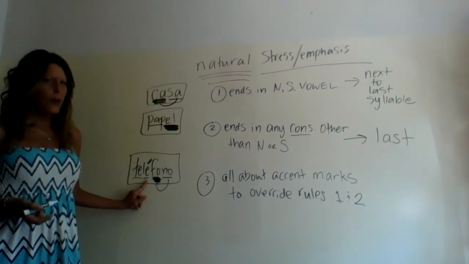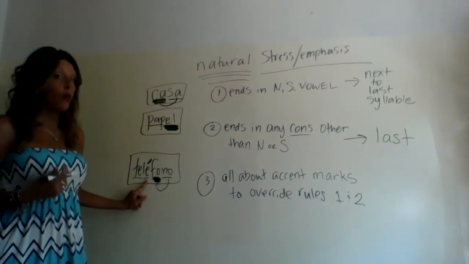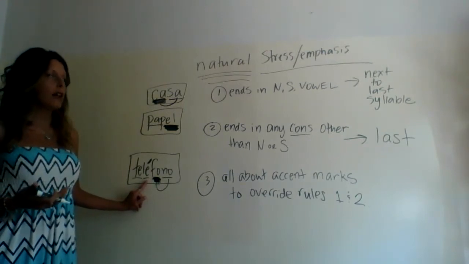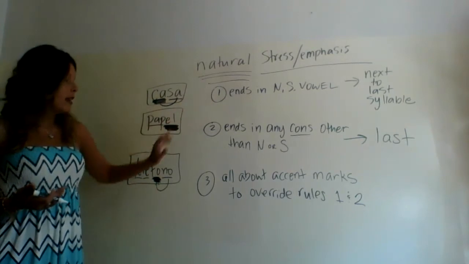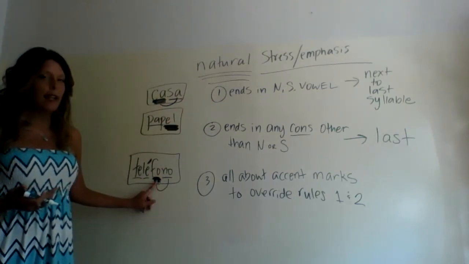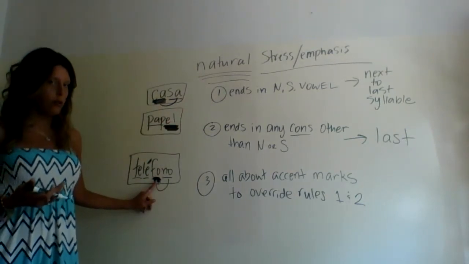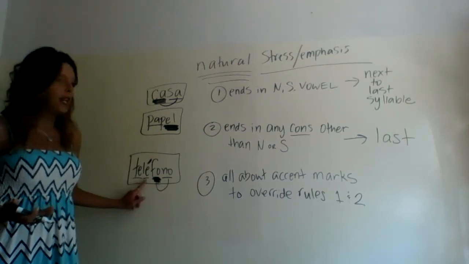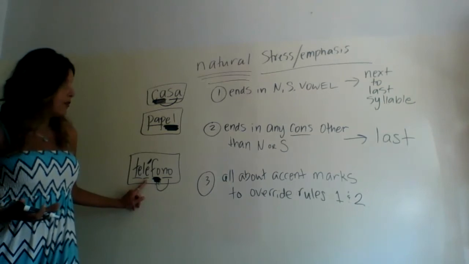teléfono. Hopefully you can see that if it weren't to have an accent mark, it would fall under rule number 1. The natural stress would be teléfono, but the people who invented Spanish wanted us to pronounce it differently, with stress in a different syllable.